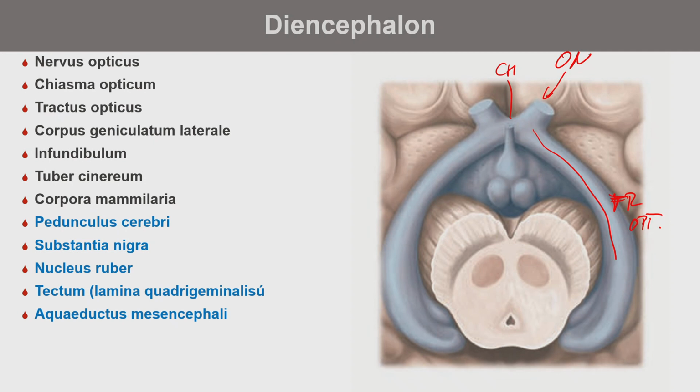The whole system of a visual pathway which is going to the lateral geniculate body. In the middle we have here infundibulum, and infundibulum is a process on which is hanged pituitary gland.